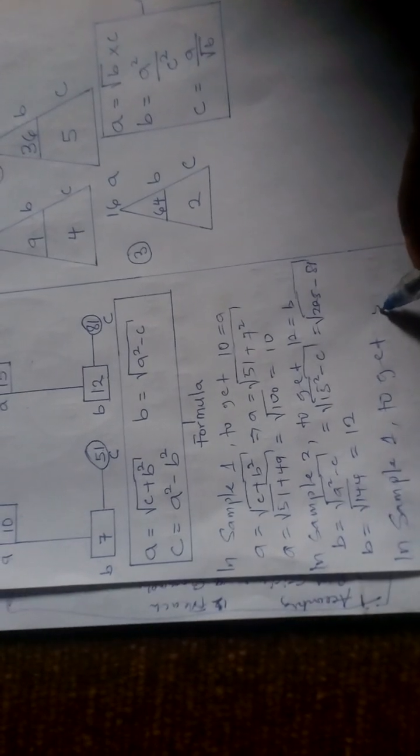Okay, we move on to the next one, let's use another sample now. In sample 1, for us to get 51, which is equal to C, from our formula, C is equal to A square minus B square. What is our A? Our A is 10, so we say 10 square minus, what is our B?